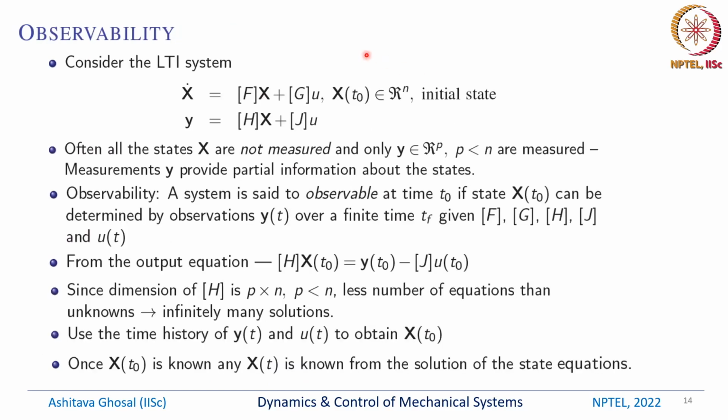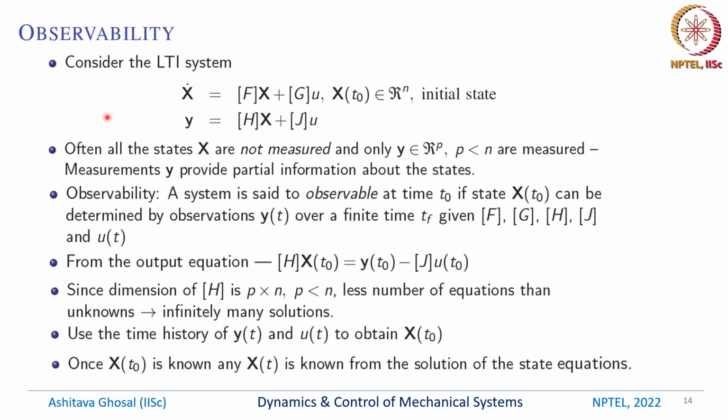So let us continue. We also mentioned that there is a very important concept in control which is called observability. So let's go into a little bit more detail. Consider an LTI system which is again x dot equals fx plus gu and y equals hx plus ju.